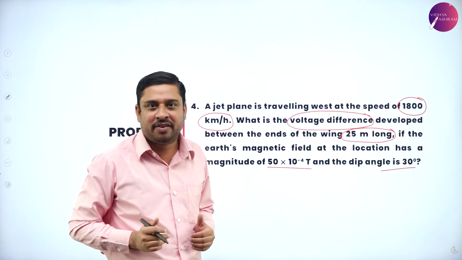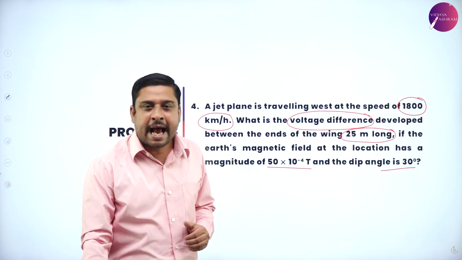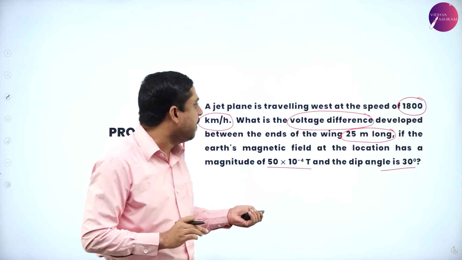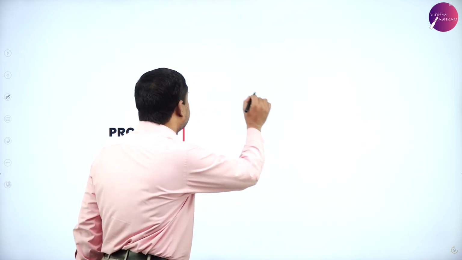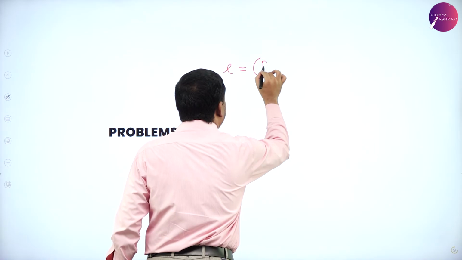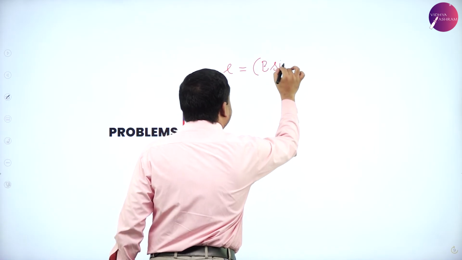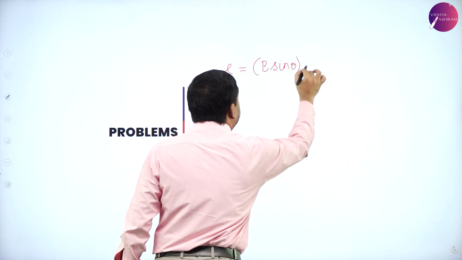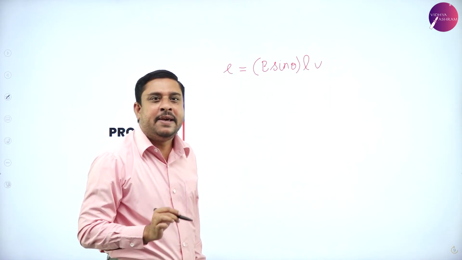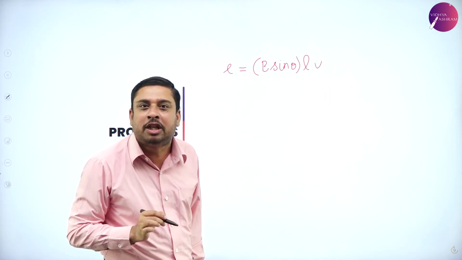Motional EMF. You have studied an expression for motional EMF which says E is equal to B sin theta L into V. Have you read the expression BVL?